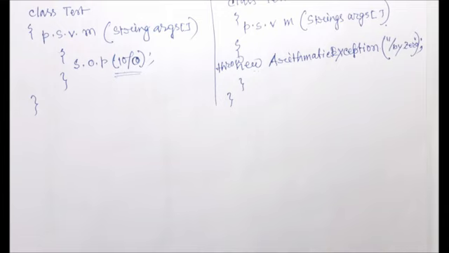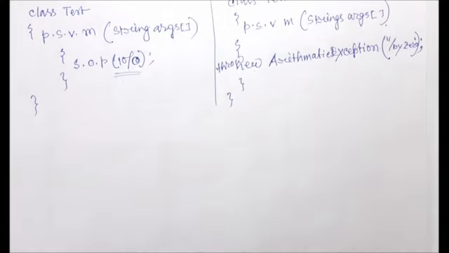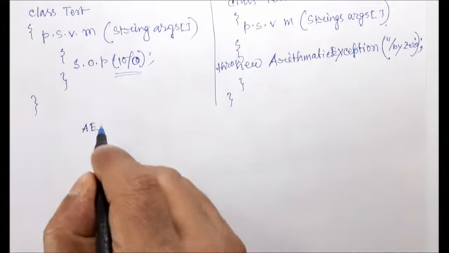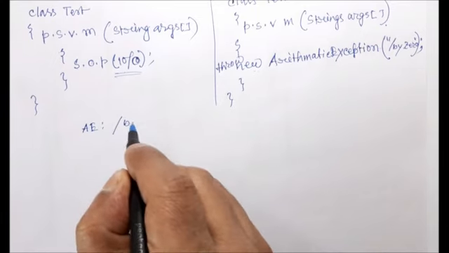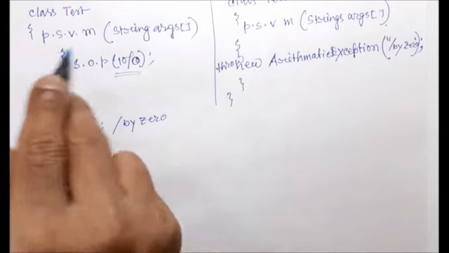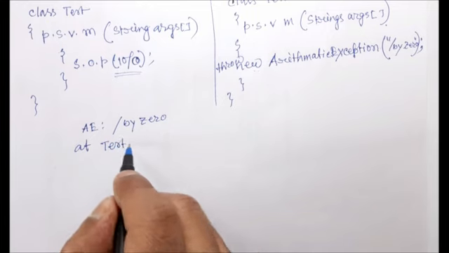It will create an exception, and as soon as we run this code, you will get an exception like: Exception in thread main, ArithmeticException, followed by the description of the exception, divide by 0, at the location main, and main is under the Test class.